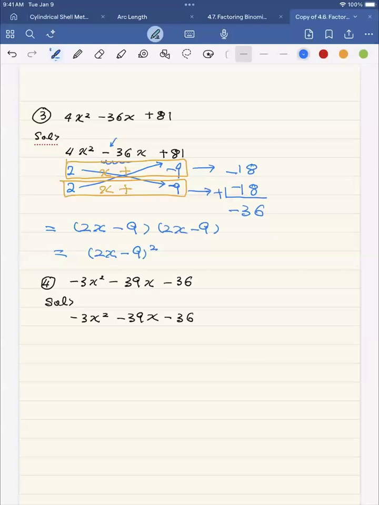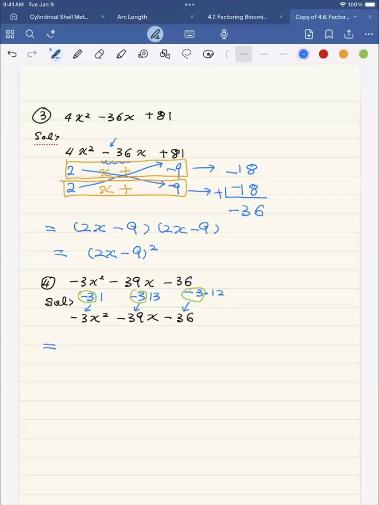If we look at each factor, each coefficient, that can be written as negative 3 times 1, and this one can be negative 3 times 13, and this one can be written as negative 3 times 12. So negative 3 is the greatest common factor for all terms.